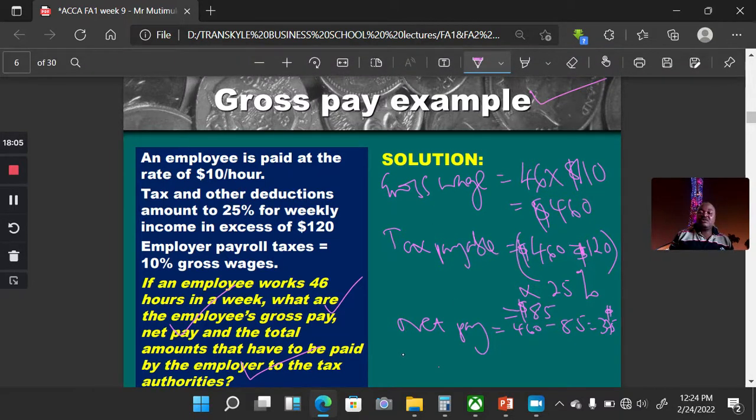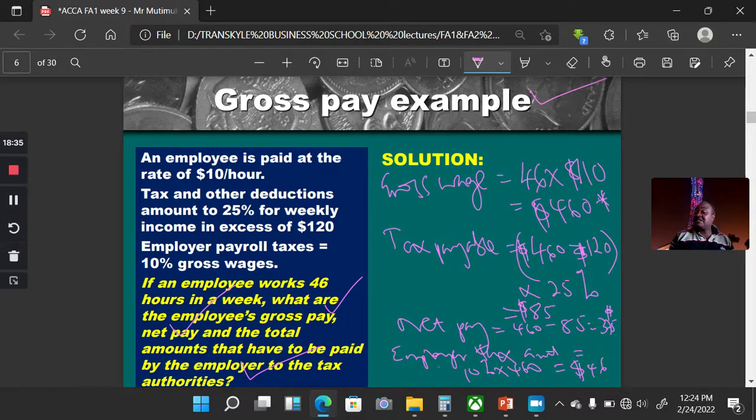So the employer tax amount is equal to 10% of gross pay, which is equal to $46, because gross pay was $460 as we have calculated here. So 10% of this amount is $46.